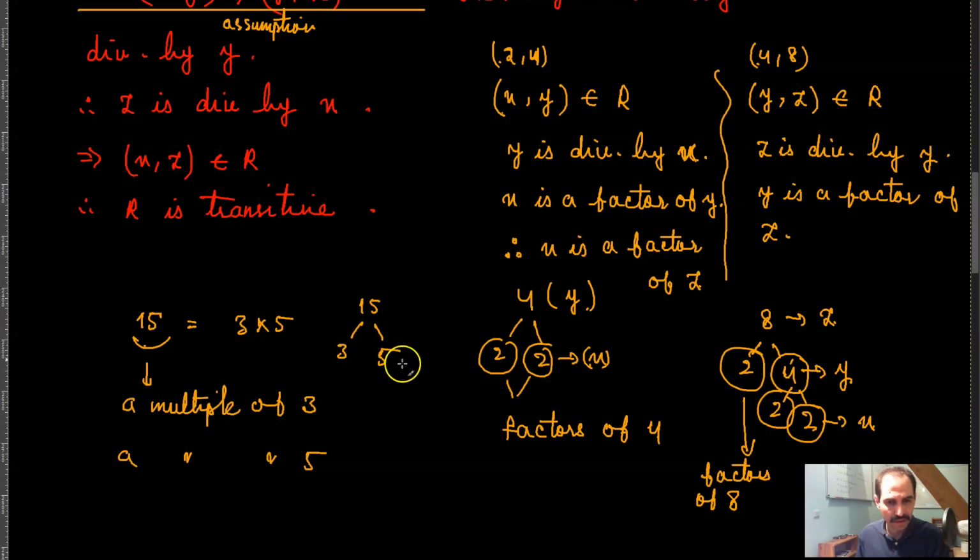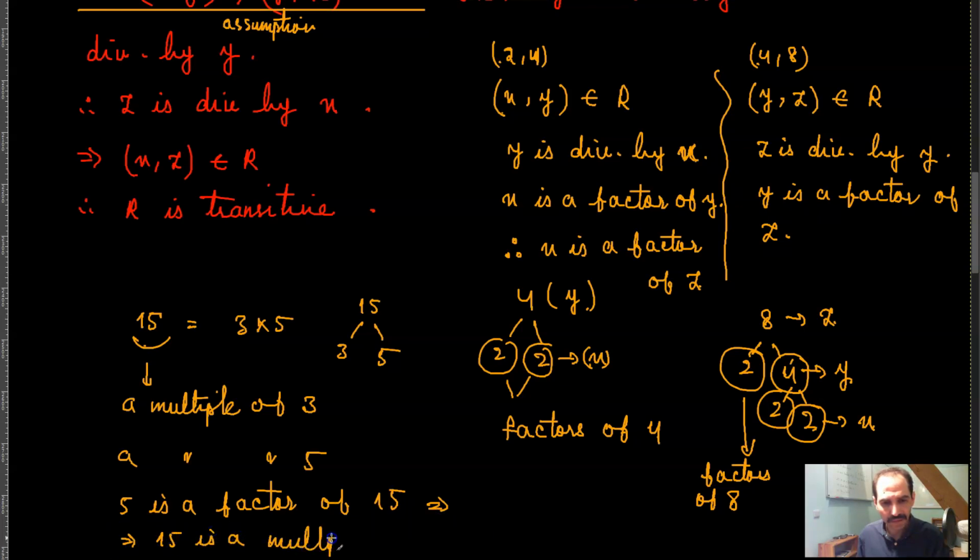These are basically the factors, and you can call 15 a multiple of these two numbers, right? So therefore, in this case, I can say that 5 is a factor of 15, or I can say that 15 is a multiple of 5.